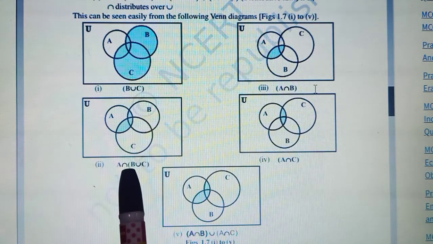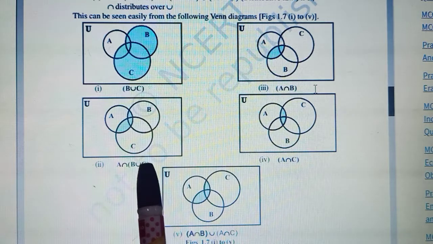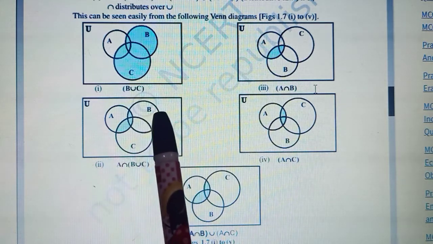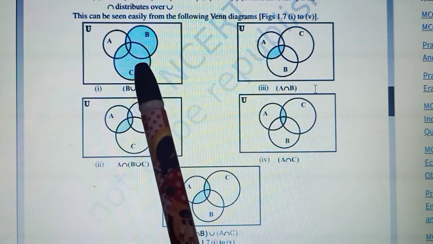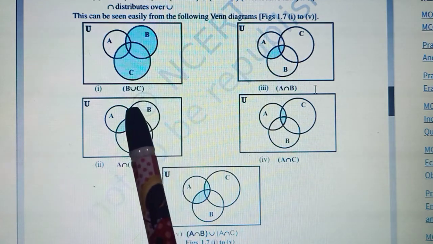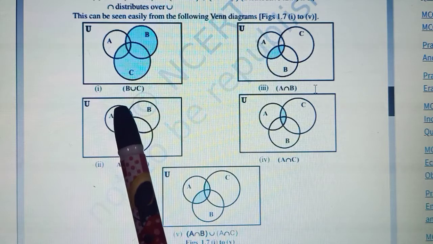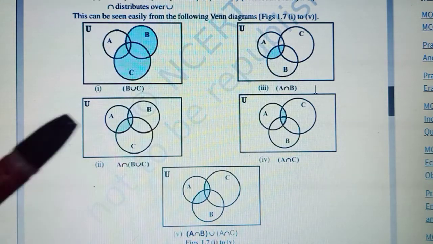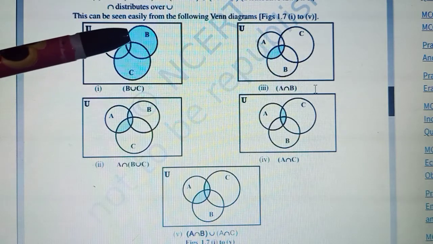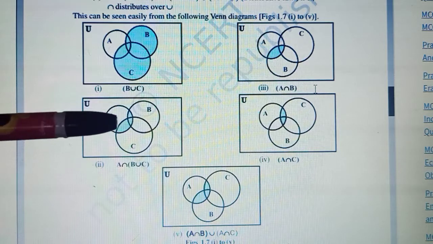Right? The next figure here, A intersection (B union C). When you do B union C, you get this whole, these two circles. This was B union C, and then A is this other leftover circle. So this was B union C, this was the whole of A, so what will be their intersection? You have to visualize a little.